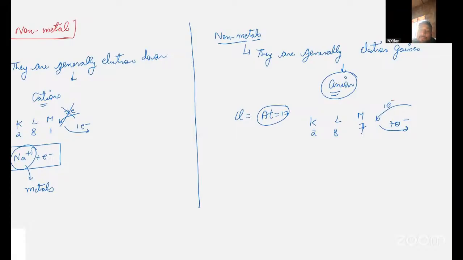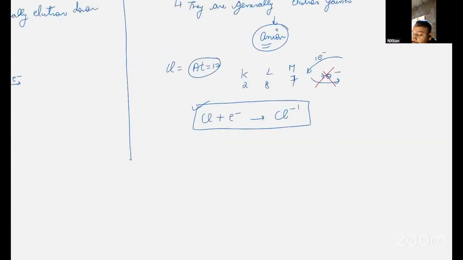So this one will not work. So basically, chlorine, when it takes 1 electron, becomes chlorine minus 1. Because the minus charge is there, it is called an anion. Hence, it's a non-metal. Got it, guys?